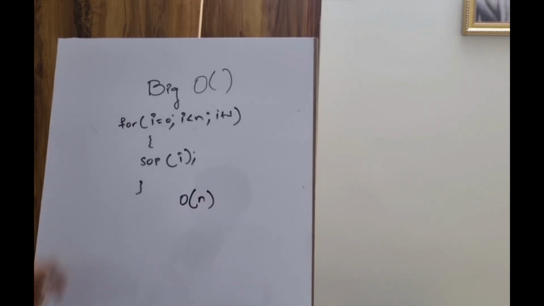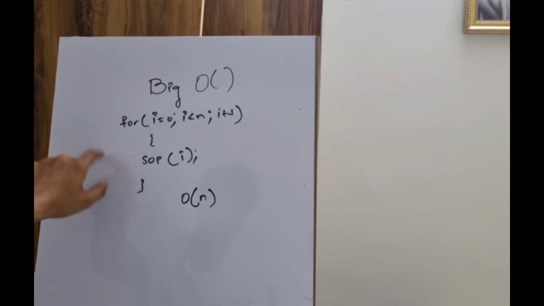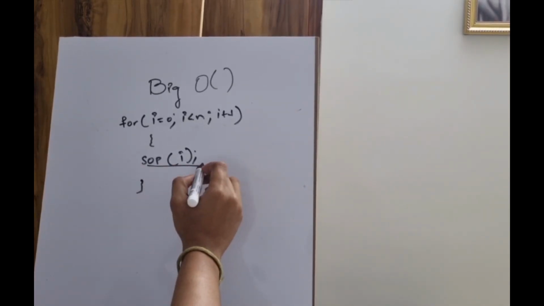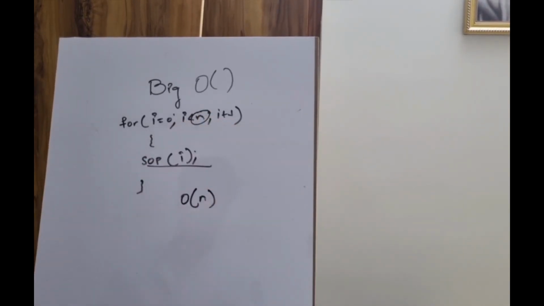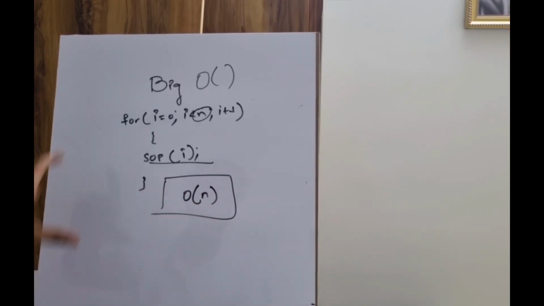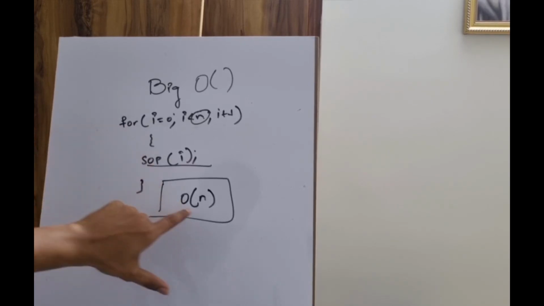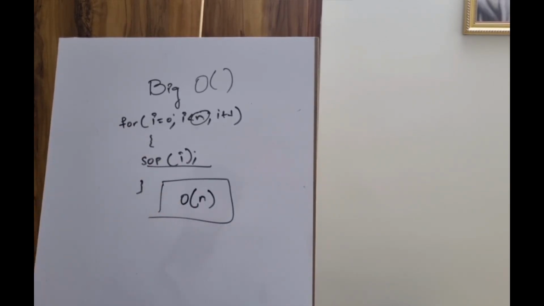And why is that? Because there are n number of calculations happening. This particular statement is getting run n times, right? So the worst case scenario for this particular function to end is O of n. So O of n is the time complexity of this particular loop.